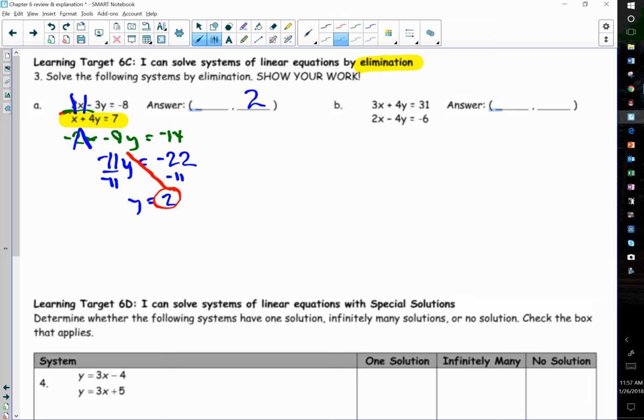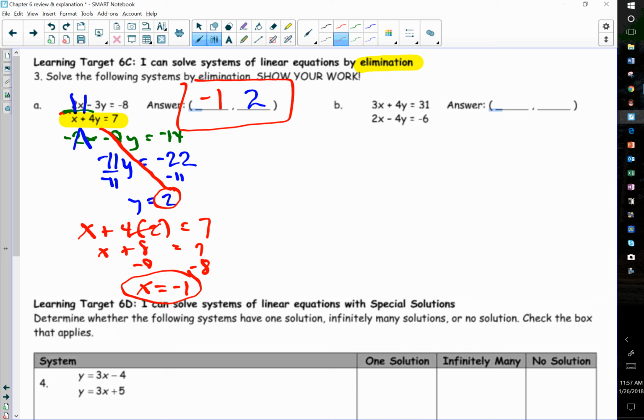So I put the value 2 in place of y and get x plus 4 times 2 equals 7. 4 times 2 is 8. I subtract 8 from both sides and I get x equals negative 1. That's the other half of my solution.